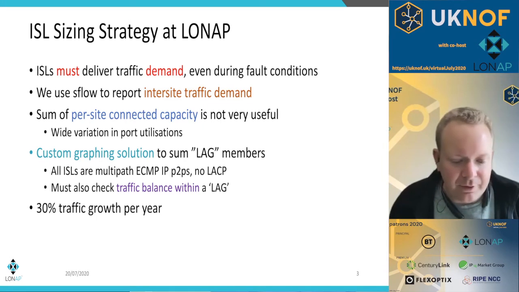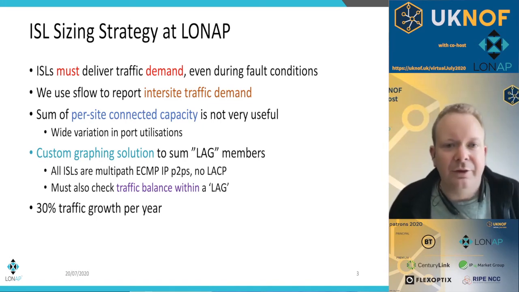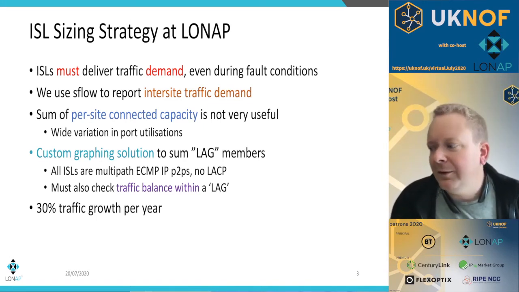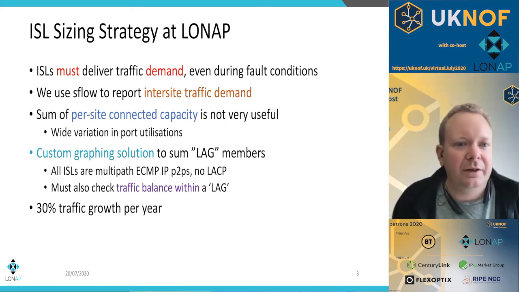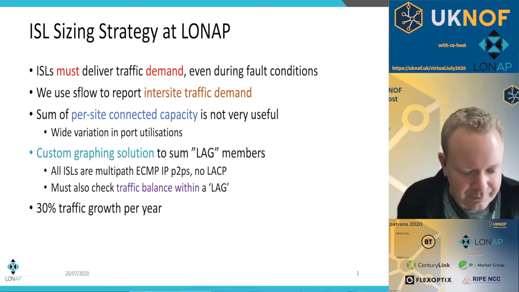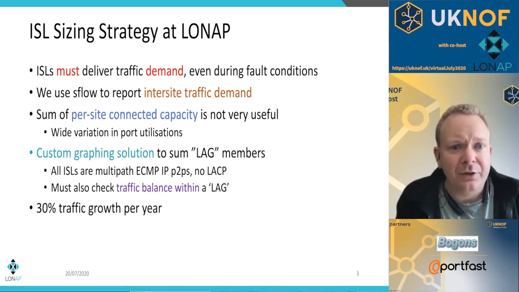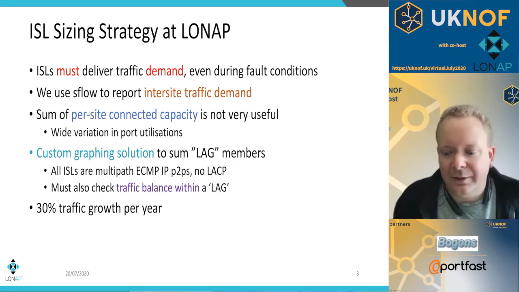You may get people actually utilizing ports very slightly. So we look at the port utilizations and use S-Flow to decide how big a link we need between sites. And this is quite fast changing because we're growing at 30% a year.